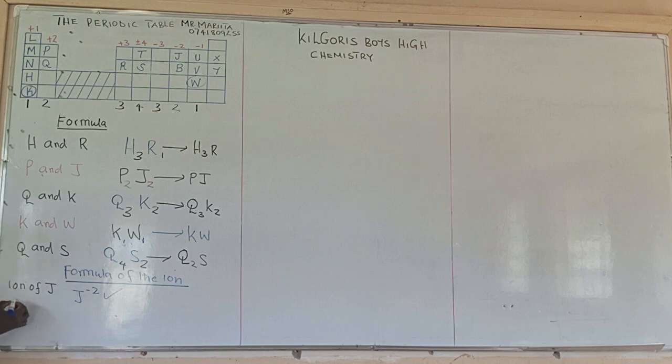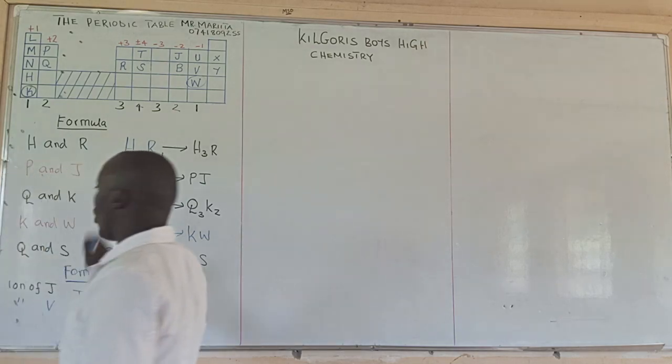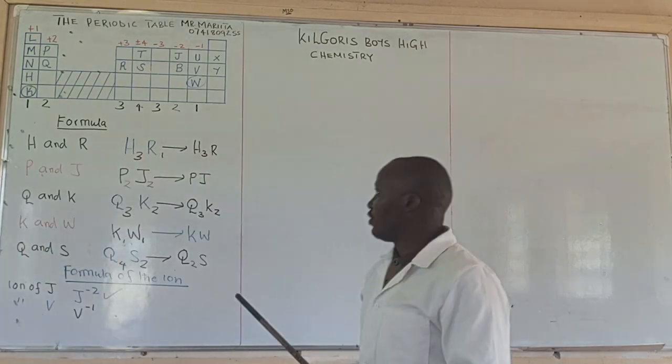So you can be told to write the formula of element V, for example. You just write V, then what is the number we have at the top? We have negative 1. That one now becomes the formula of the ion of that element V.